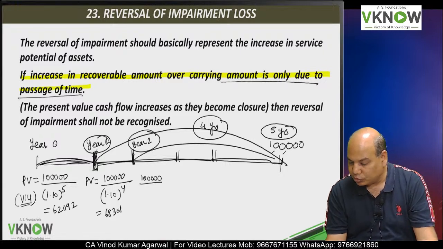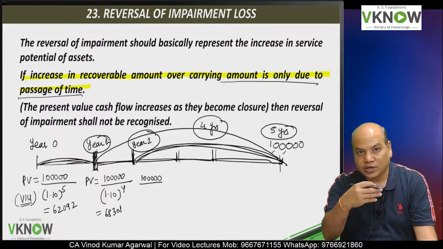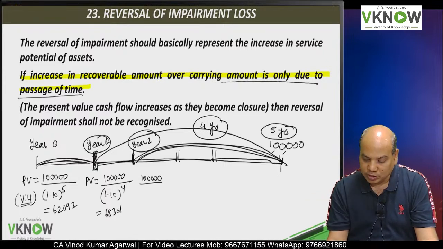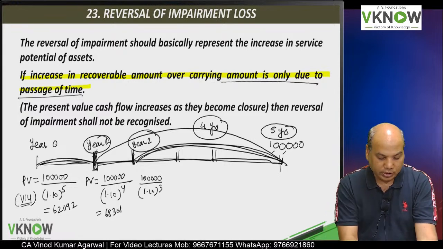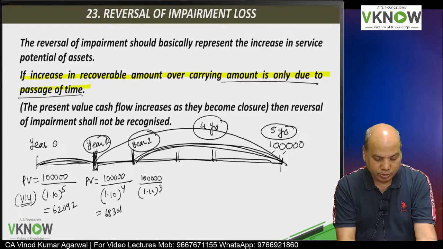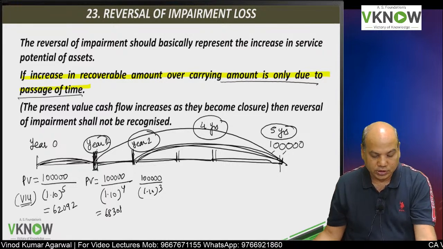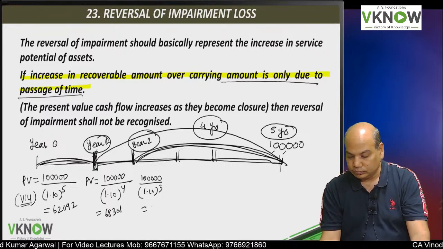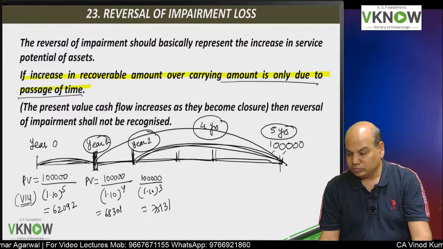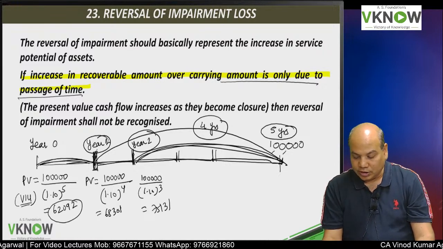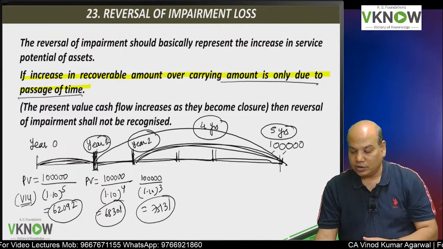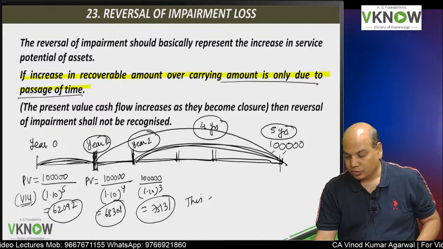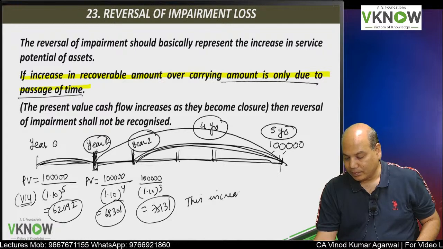Similarly, if I compute the present value at the end of year 2, it will be 1 lakh divided by, now the gap is only 3 years, 2 years have passed, 3 years are remaining. So 1 lakh divided by 1.10, 3 times equal to, so that is 75131. This increase in the value in use, can you see the value in use will increase?